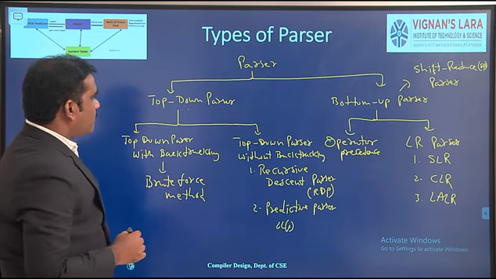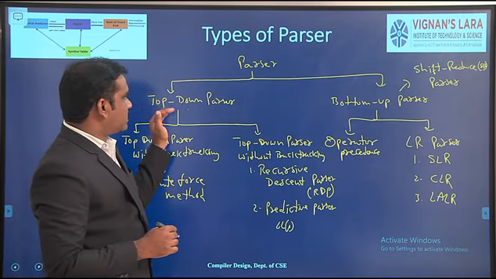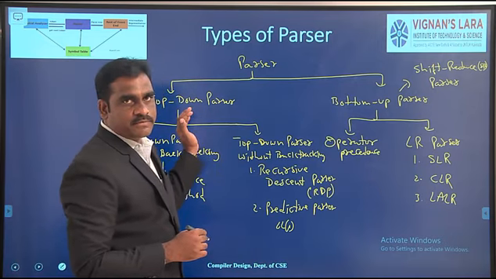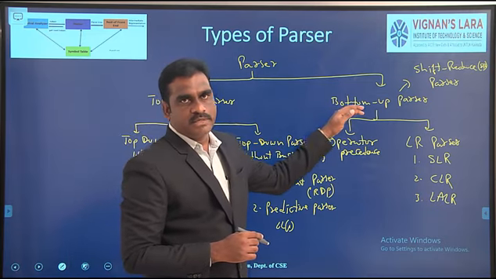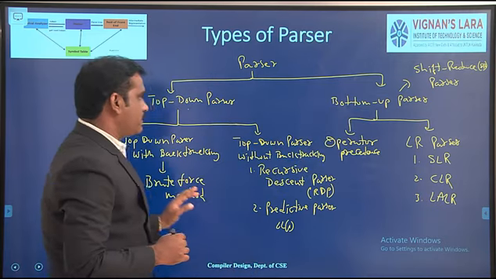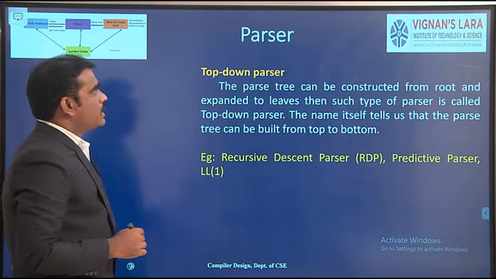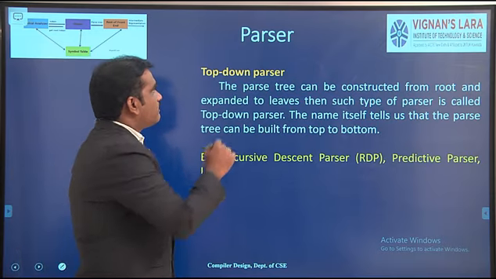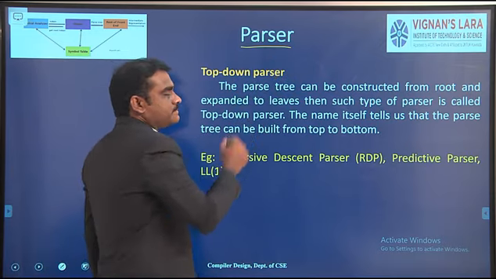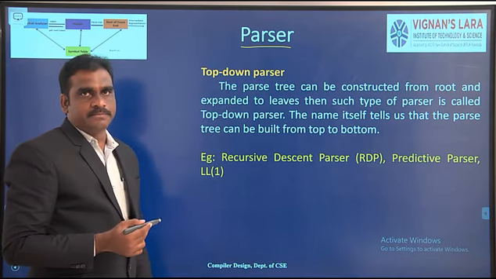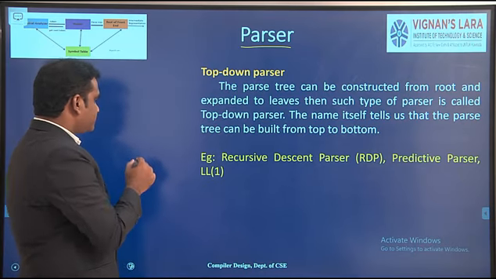Before going to this, first of all, what is the definition of top-down parser and what is the definition of bottom-up parser? First we will see. First of all, a parser is nothing but a tree. What is meant by parser?